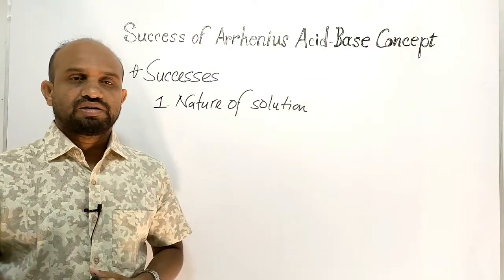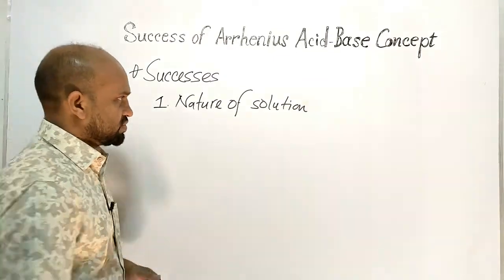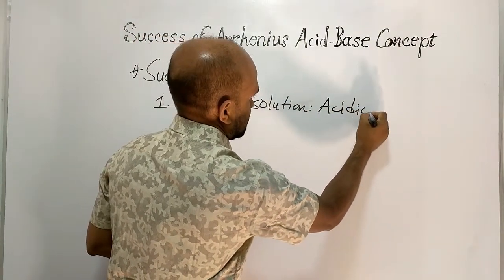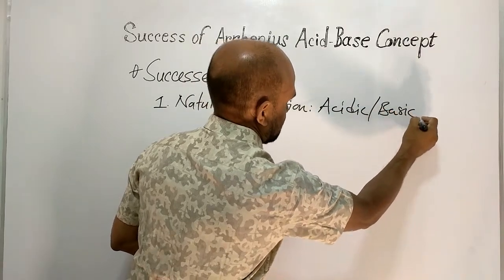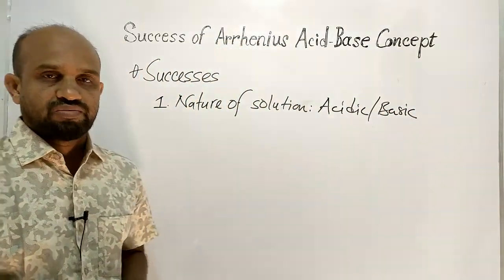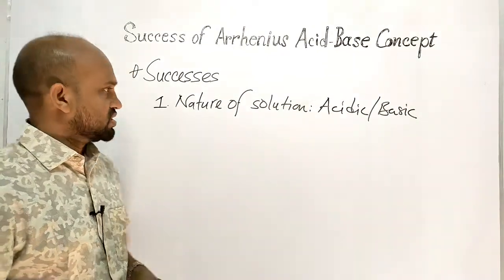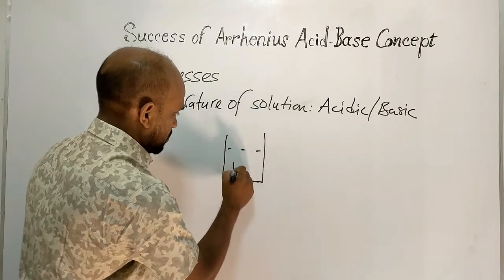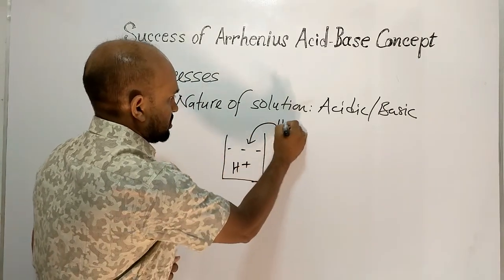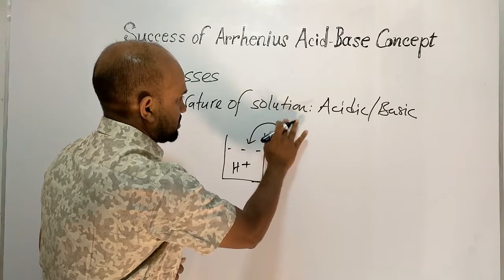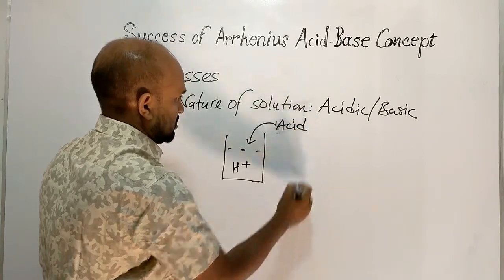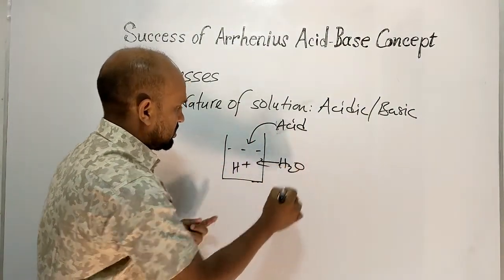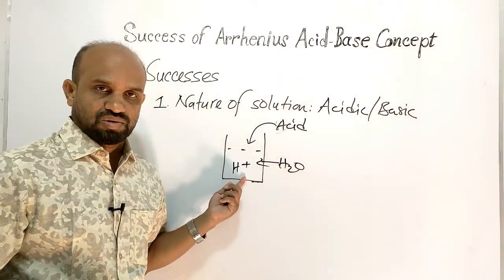First of all, let's see the nature of solution. That means whether a solution is acidic or basic can be determined with the help of the Arrhenius acid-base concept. Arrhenius acids can produce proton in water. When acid is added to water, then it can produce proton.